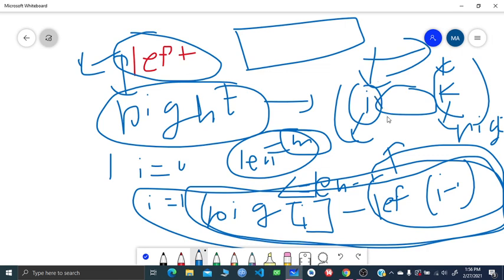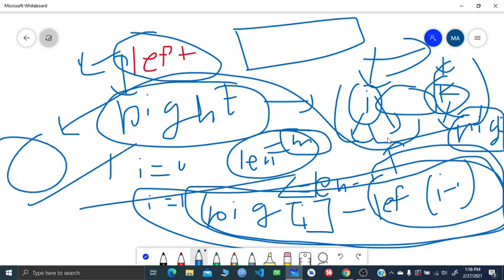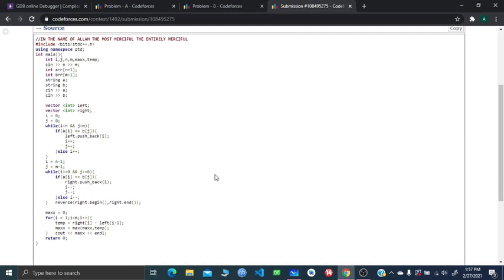So if I take one index value from the leftmost subsequence that I have created, and take the consecutive immediate right value from the rightmost subsequence, these are the indexes. If I take the difference between these two indexes, I will get the maximum width. So that's exactly what I did. This is what actually matters.